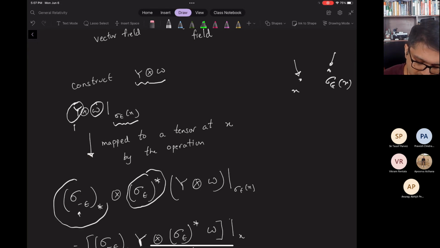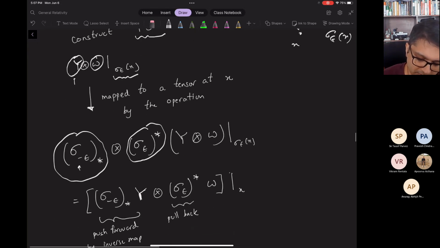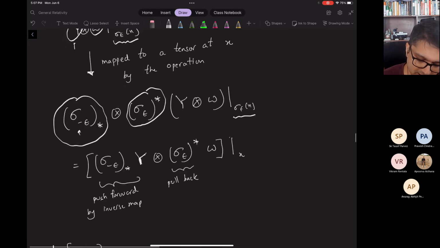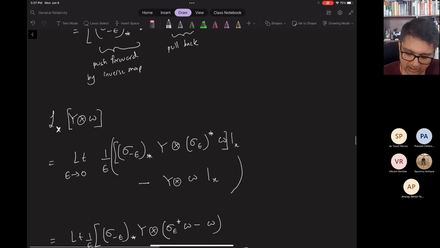So we implement these two operations on y tensor omega at sigma epsilon x. Basically we push forward by using the inverse map y, and we pull back omega. And then this gives us a vector at x.